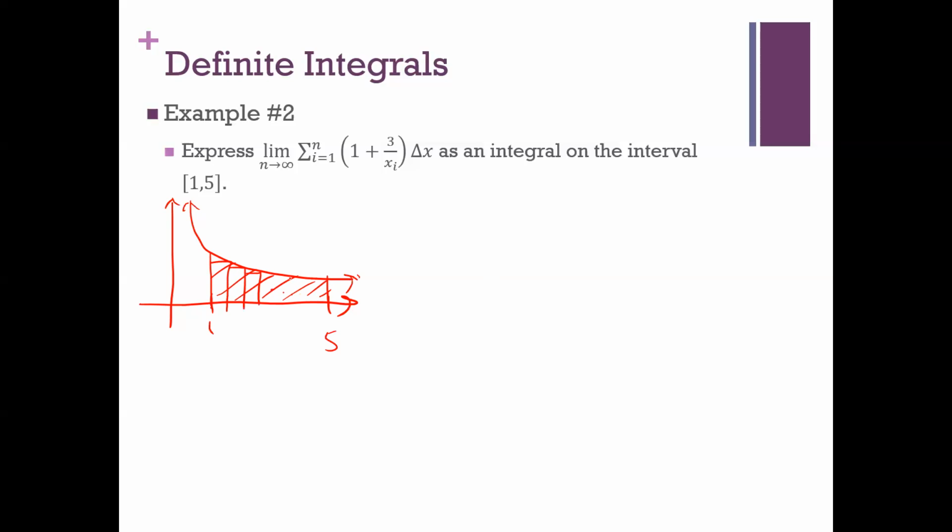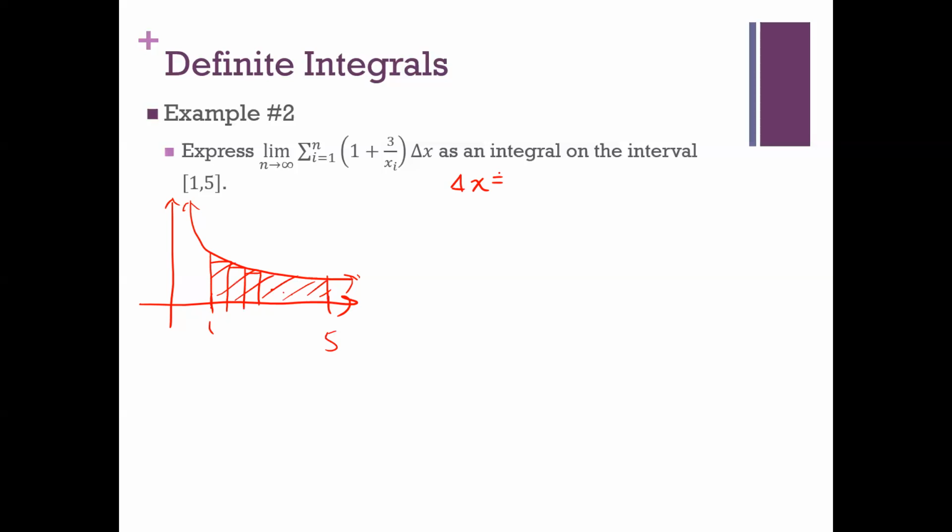How would I find my delta x for that segmentation up there? How many rectangles you decide to have? Let's say I have n, I want to keep it general. I want to have n rectangles. How wide is each one going to be?